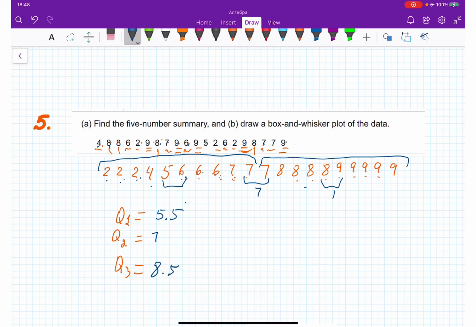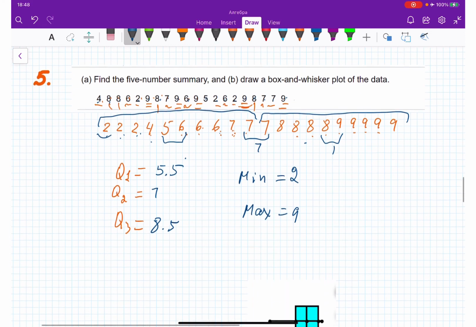Okay, we got it. So the next one is the minimum, which is going to be 4. No, 2, I'm sorry. I was staring at the original problem. 2. And the maximum is going to be 9. Okay. Moving to question number 6.